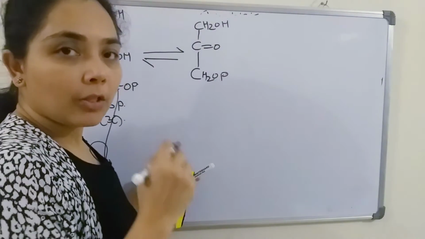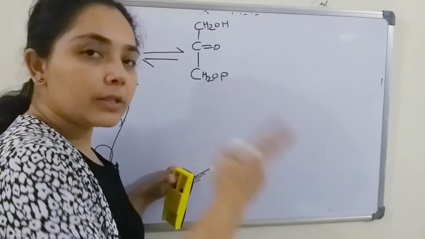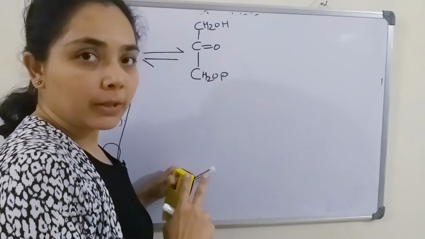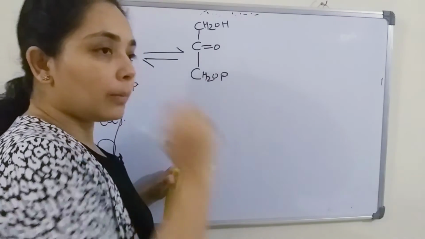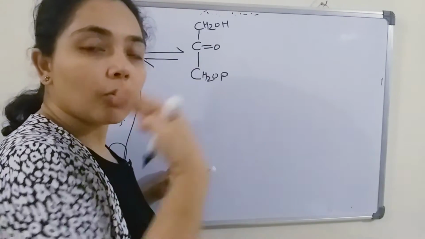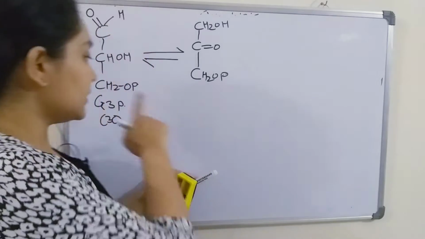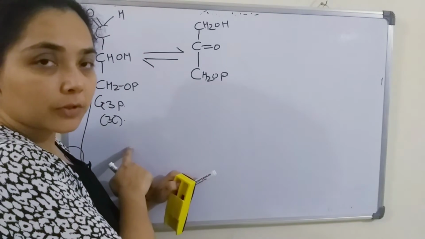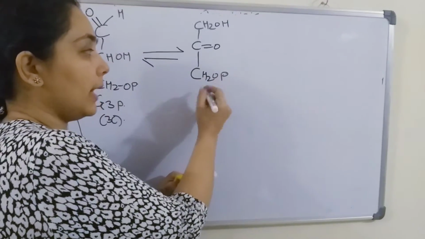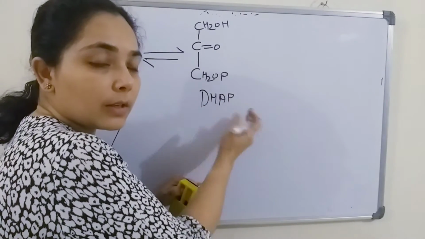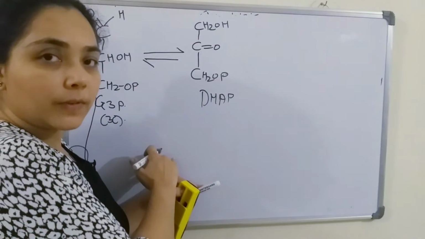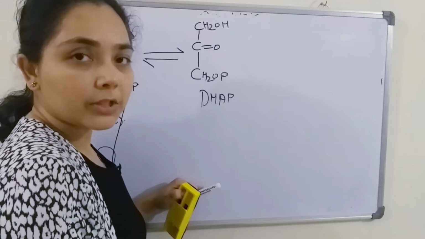At normal biological conditions, these 2 products are interconvertible into one another. The product which will undergo the further steps of glycolysis is glyceraldehyde 3-phosphate. So what will happen to this dihydroxyacetone phosphate? It will first convert into glyceraldehyde 3-phosphate and then the same reaction will take place.